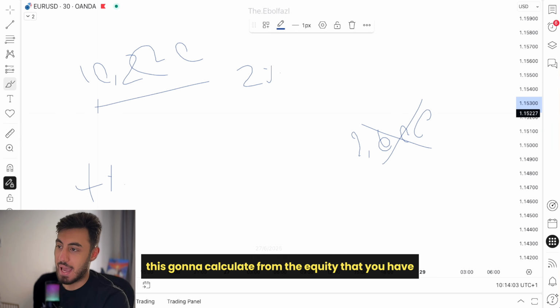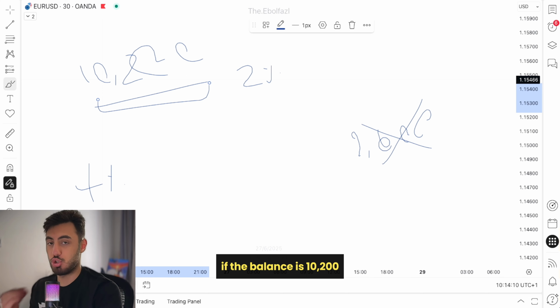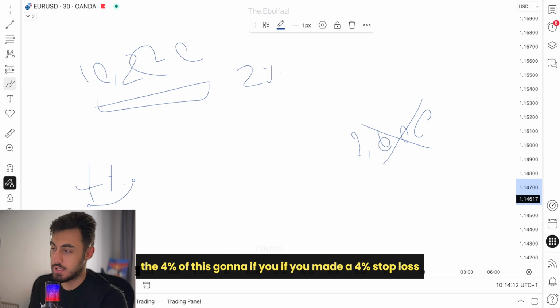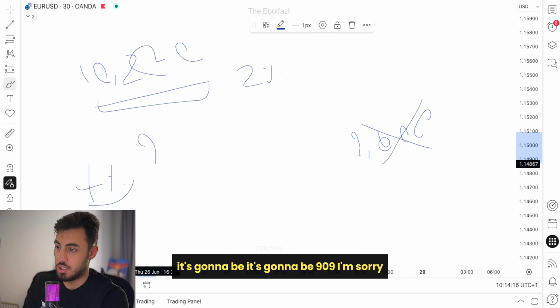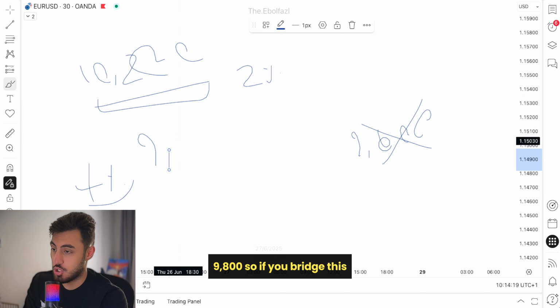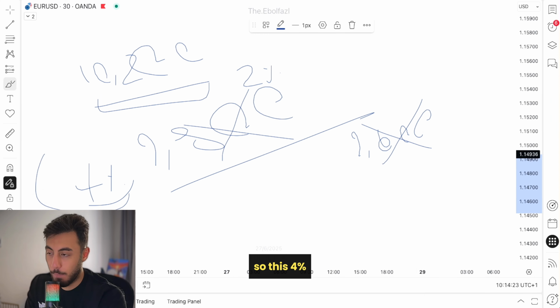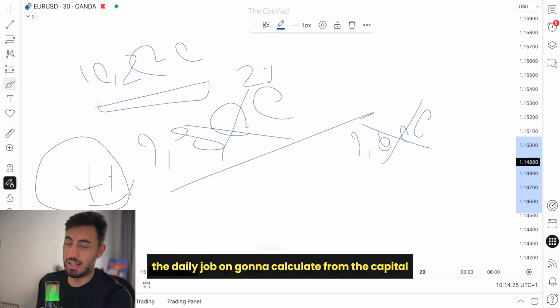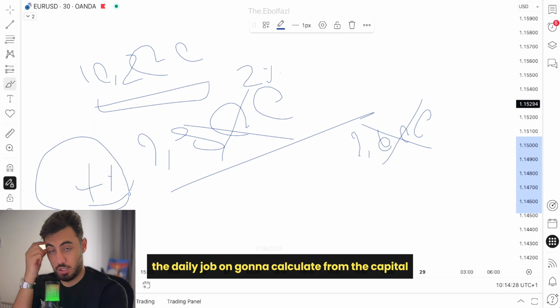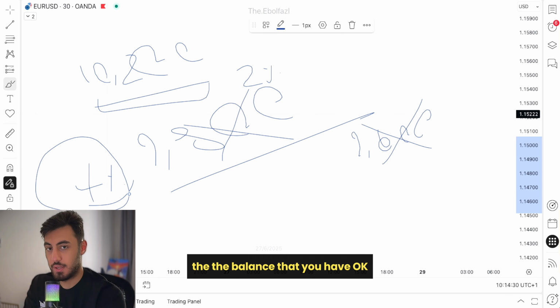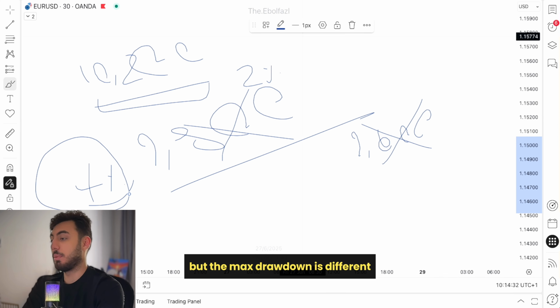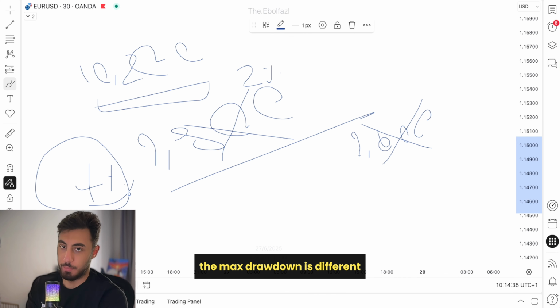This is calculated from the equity that you have every 24 hours. Let's say the balance is 10,200. If you made a 4% stop loss, it's going to be 9,800. If you breach this, you're going to lose that account. So this 4% daily drawdown is calculated from the balance that you have. But the max drawdown is different.